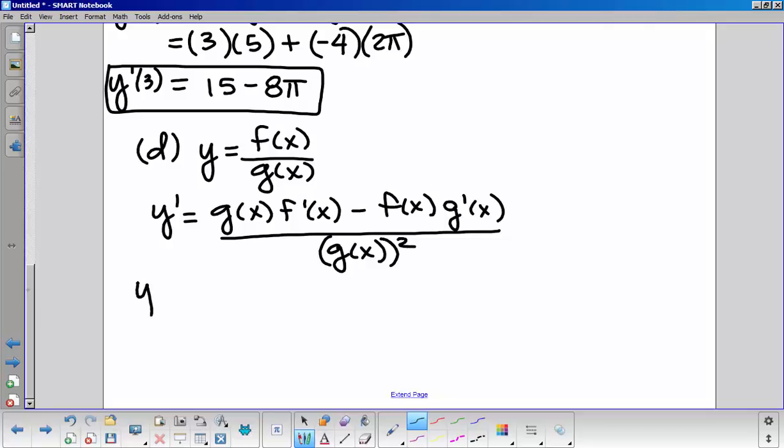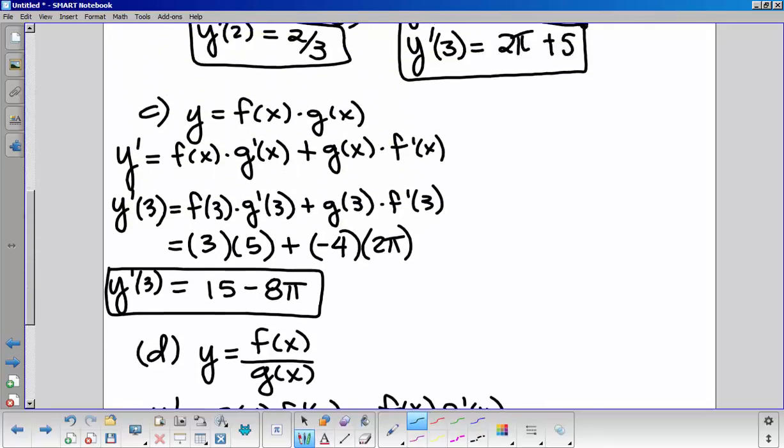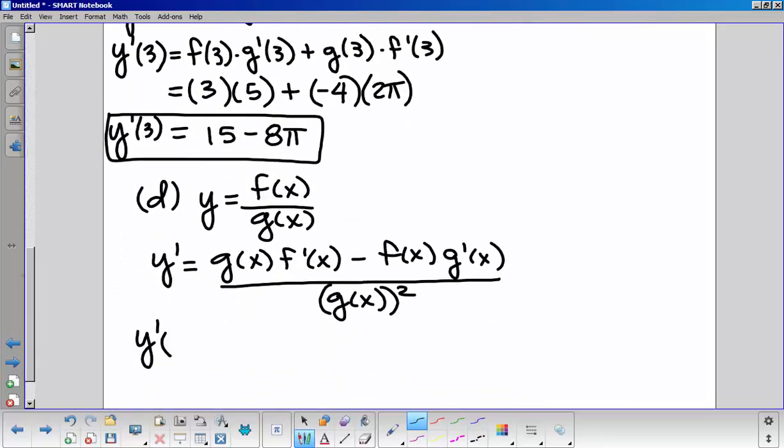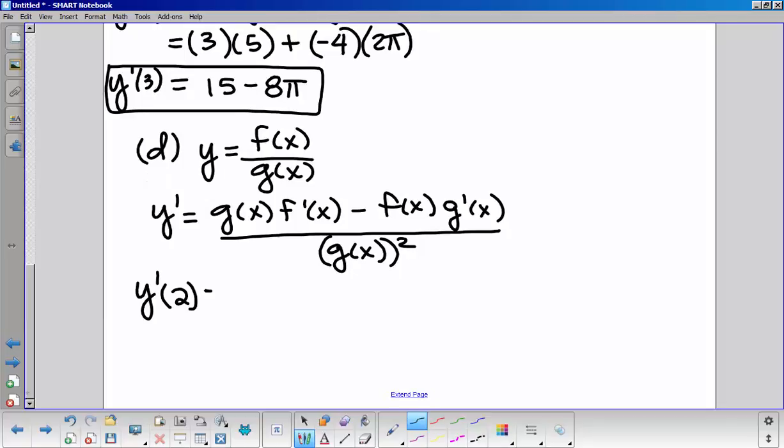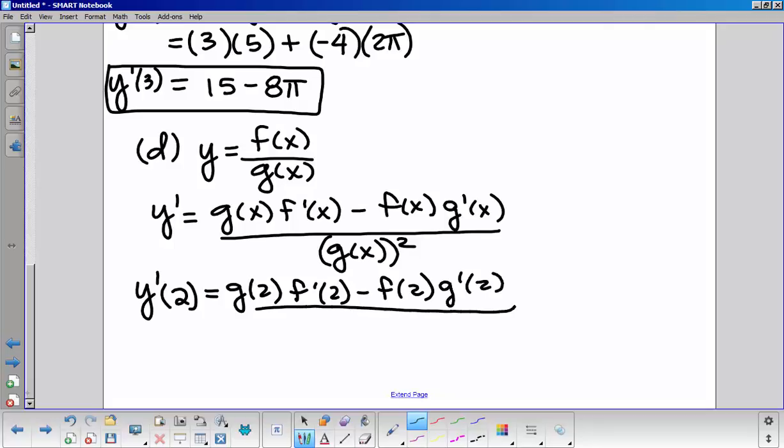So we want y prime of 2. This is going to be g of 2 times f prime of 2 minus f of 2 times g prime of 2, all over g of 2 quantity squared.